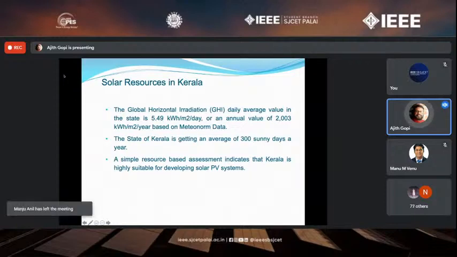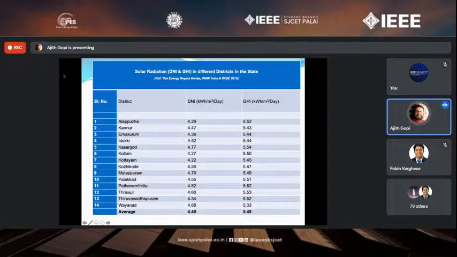If you count it as an annual figure, it will be around 2,000 in Kerala. Pretty good figure. You will get higher insolation or more sun peak hours in Rajasthan because it has more sunny days. Okay, fine.